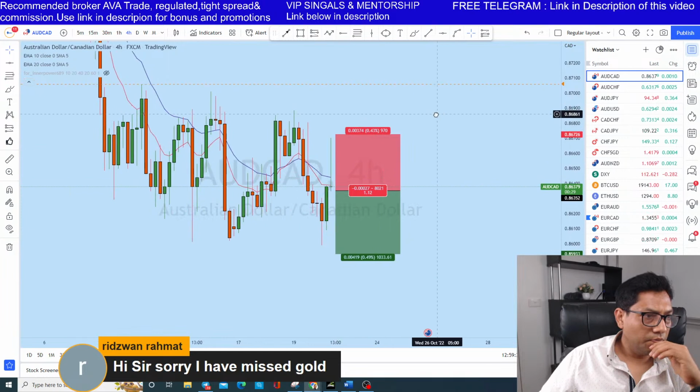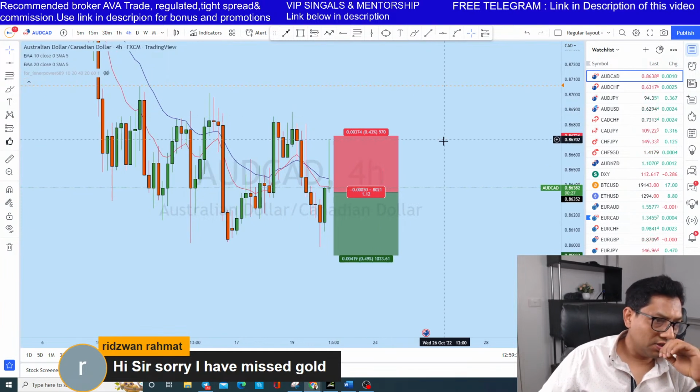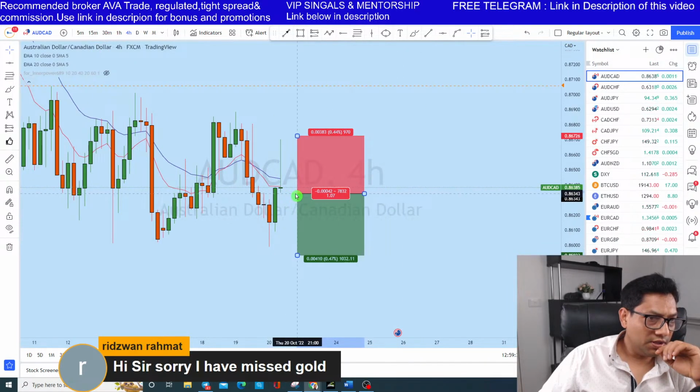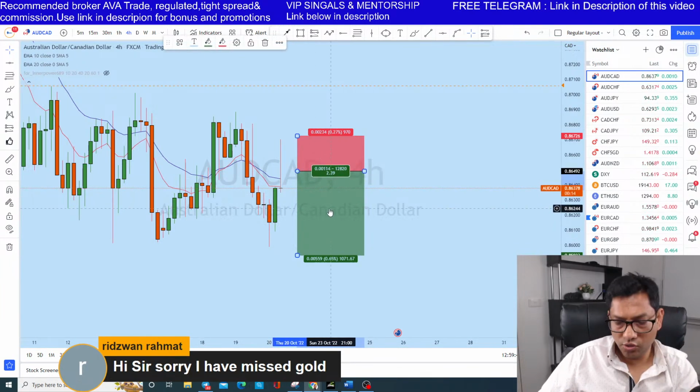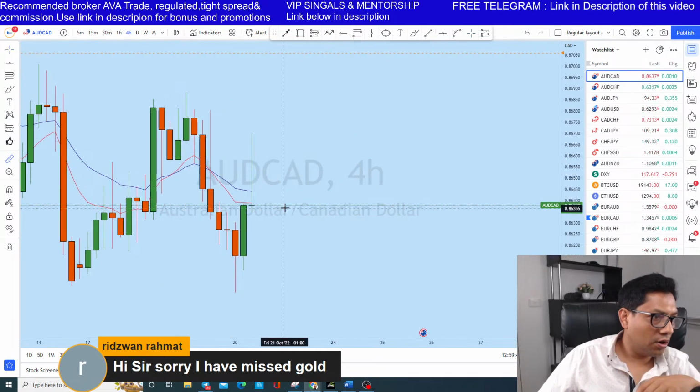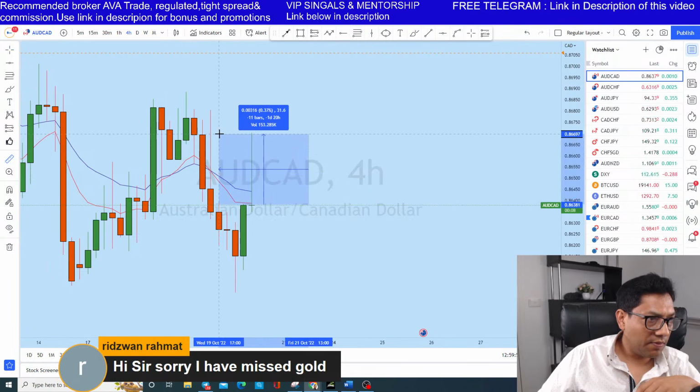So the wise decision for this trade, guys, is to use a pending order, because there is a high probability that this price will go up again at least half of this week. So on this one, we'll be using a pending order to take the maximum advantage.